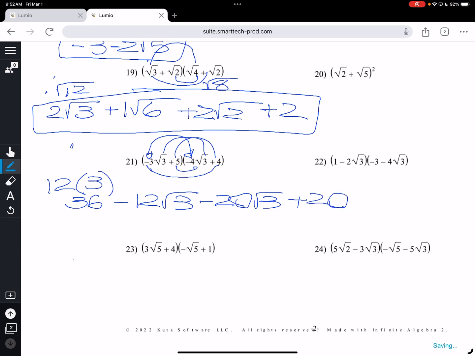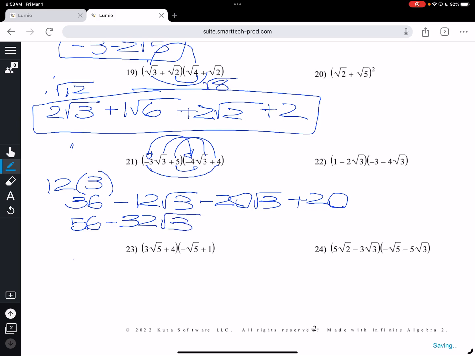Then you combine like terms. 36 and 20, 56. How's it not -20? Oh, wait, the outer will be negative, and the inner will be negative, but the last is positive. Sorry. Then -12 plus -20 is negative 32 radical 3.